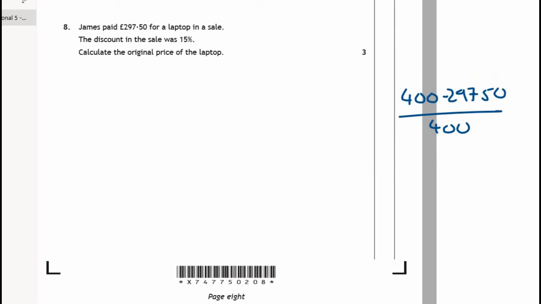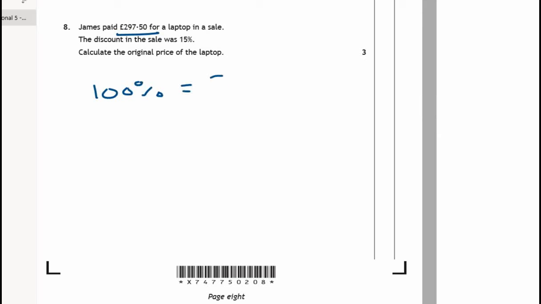But this question is actually the other type of percentage, which is reverse the change. We know the discount is 15%, and that's the amount after the discount. We had 100%, we don't know what that was. Someone took off 15%, we get 85%, and we know that amount is 297.50.